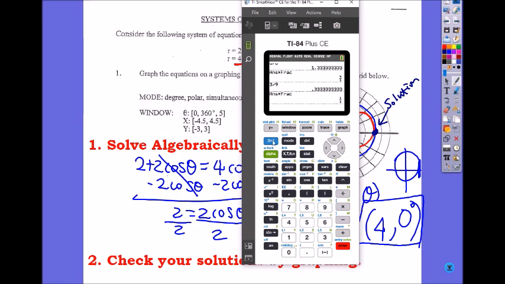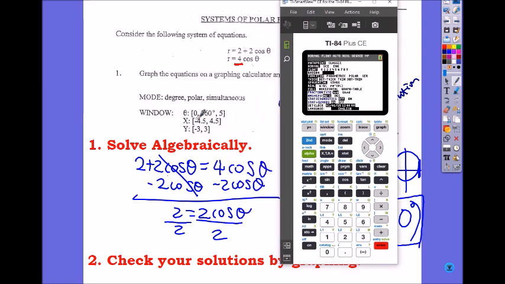So go ahead and change your mode. Your mode should already be in degrees, and we're going to change it to polar, because they gave you the windows to work with. And one more thing.